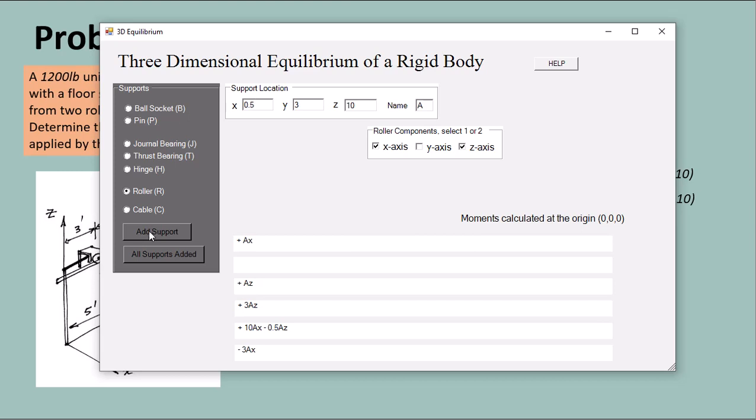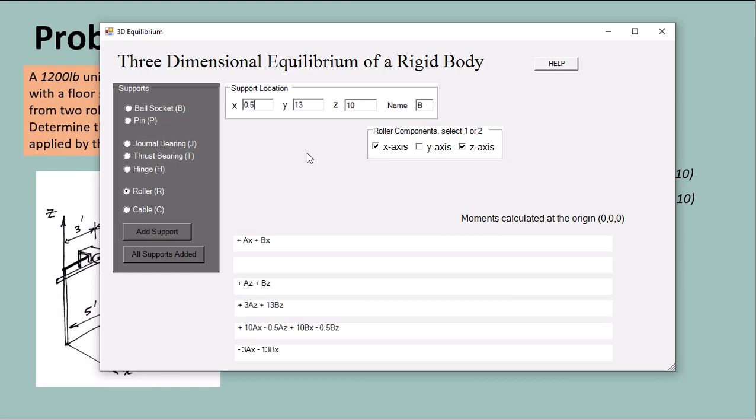We add another roller. This is the roller at B, 0.5, tab 13, 10. The name of the roller is B, and it applies forces at x-axis and z-axis.